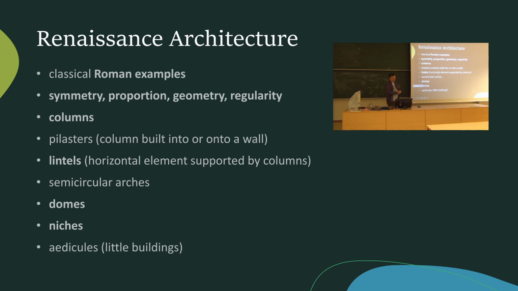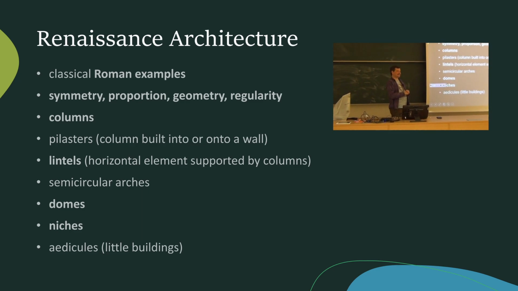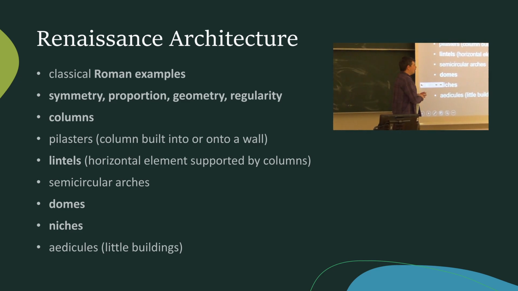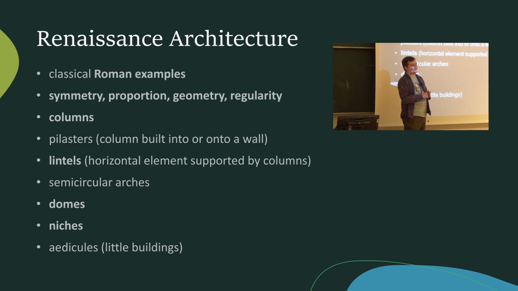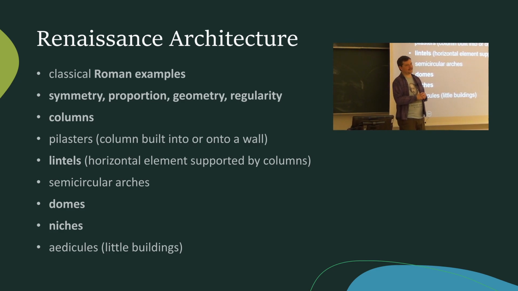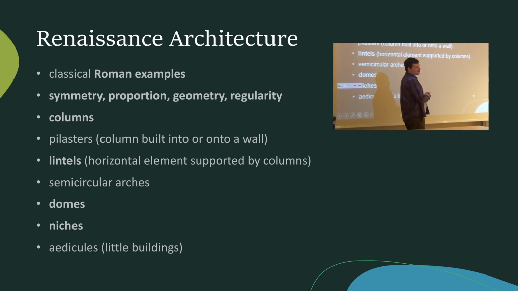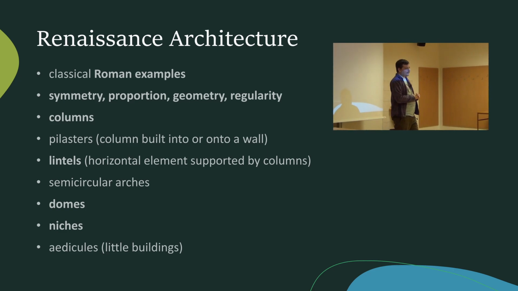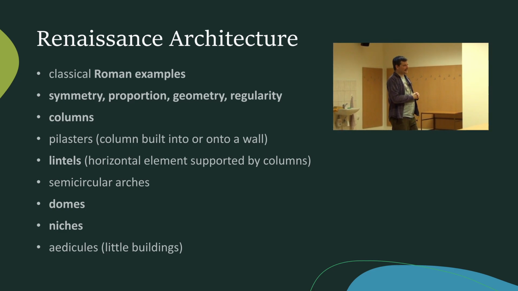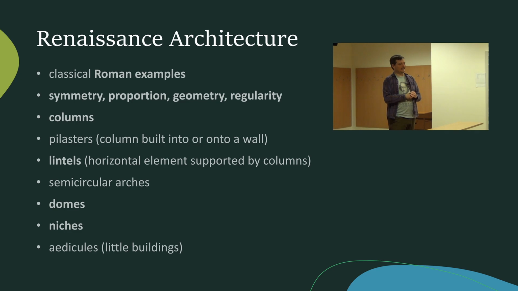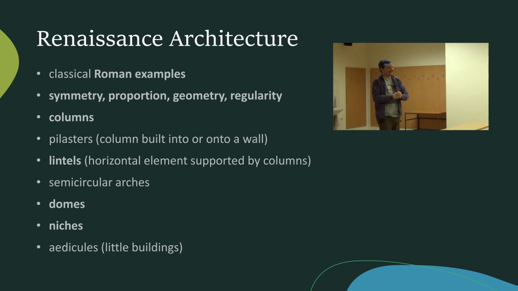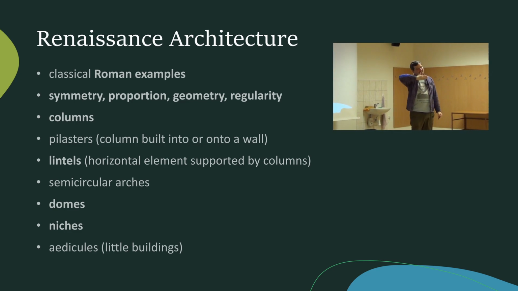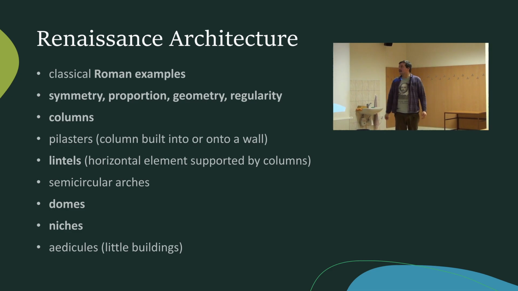Now, Renaissance architecture, again not surprisingly, is based on ancient models, but this time not so much Greek and Roman, but really just Roman architecture. But this is not a big problem, because Roman architecture was completely based on Greek architecture, so Greek architecture is there just indirectly.